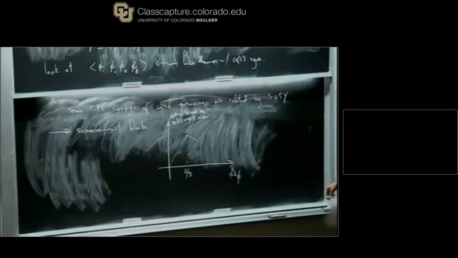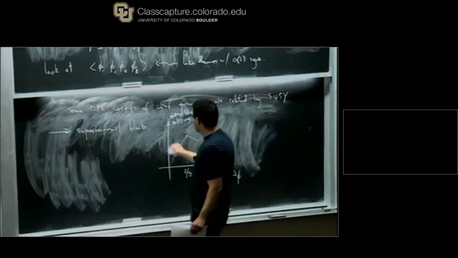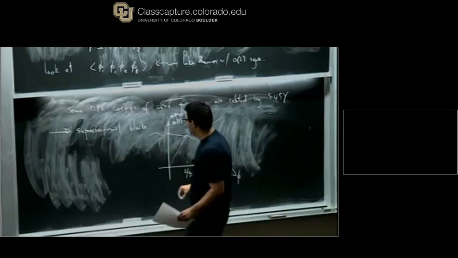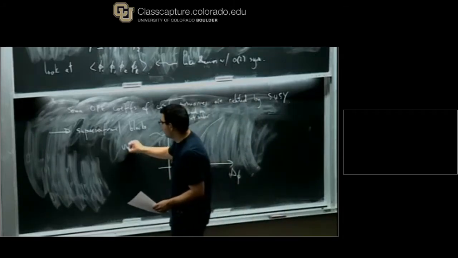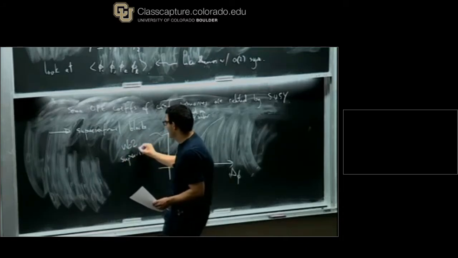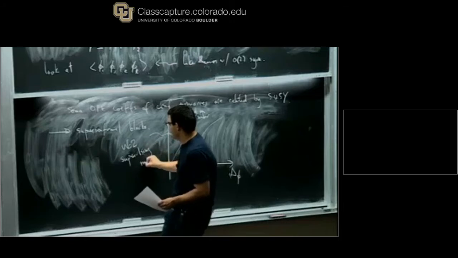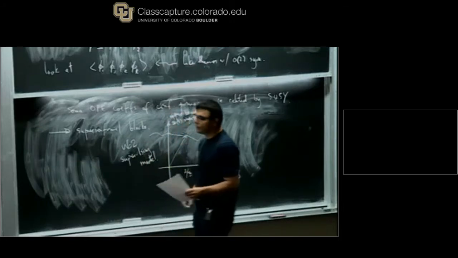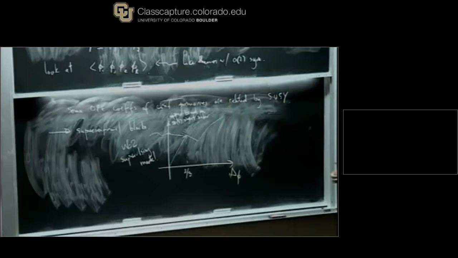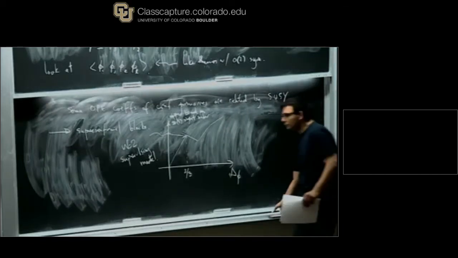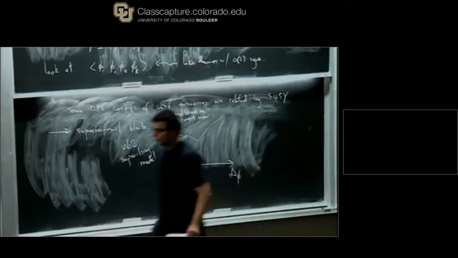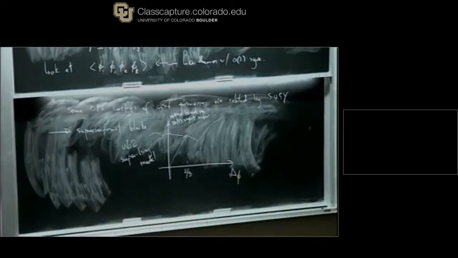Okay? And the theory that sits here is the n equal 2 super Ising model, the n equal 2 generalization of the Ising model. I can try to explain what this theory is.